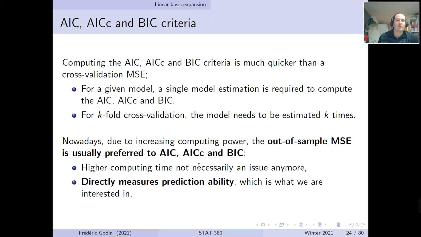If your performance evaluation method is out of sample MSE, not only do you need to train the model 10 times if you use tenfold cross validation, but you need to train it 10 times for each possible combination of covariates.